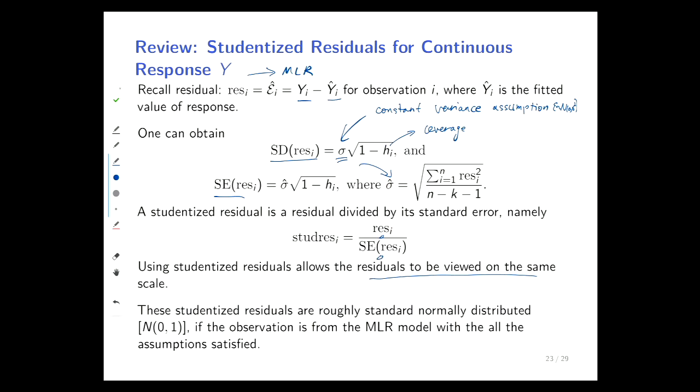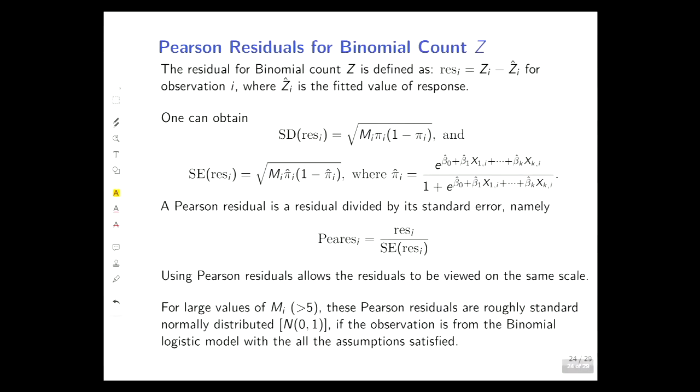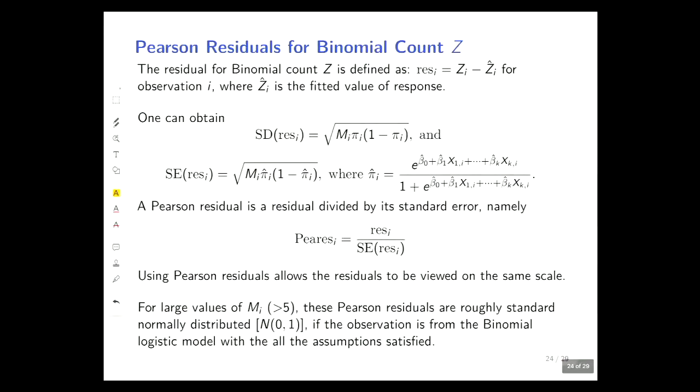And we have this conclusion that the studentized residuals are roughly standard normal distributed with mean 0 and variance 1. If all of those assumptions are satisfied, we should have this conclusion. So that's the review part. Now let's borrow this idea from the multiple linear regression and look at the Pearson residual for the binomial count.